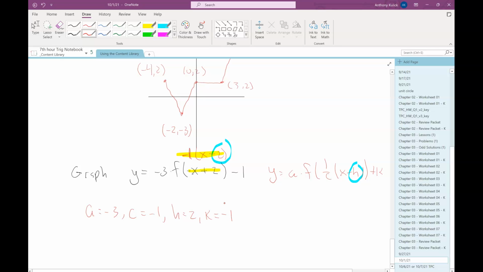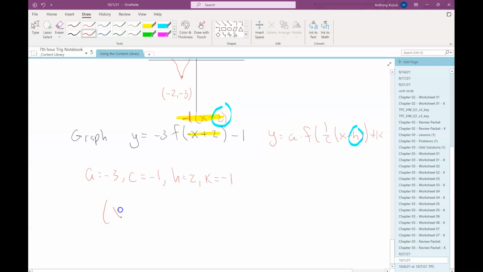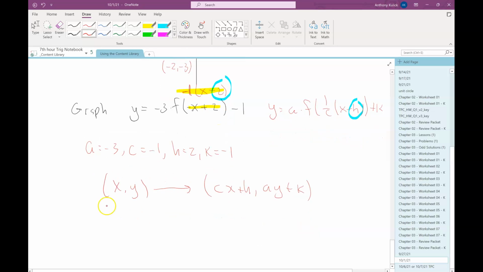Everybody cool with what I did there? So now I'm going to take the transformation map that I gave you guys a moment ago and fill in the values for my specific transformation.